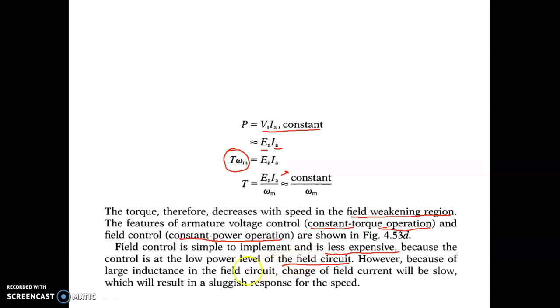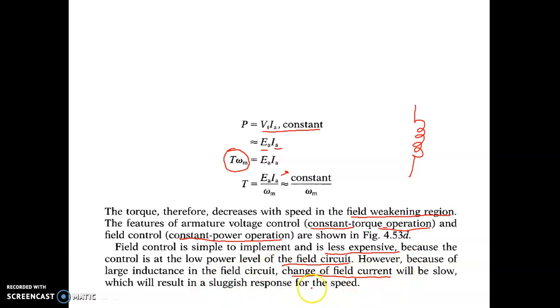However, because of the large inductance in the field circuit, the change of field current will be slow. The property of an inductor is that it will not suddenly allow the current to change. So changing the current from a higher value to a lower value is difficult because the inductance value is high.